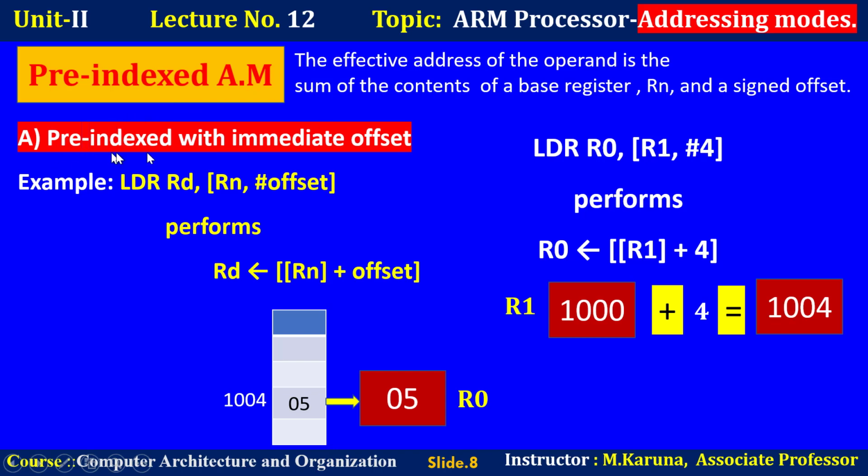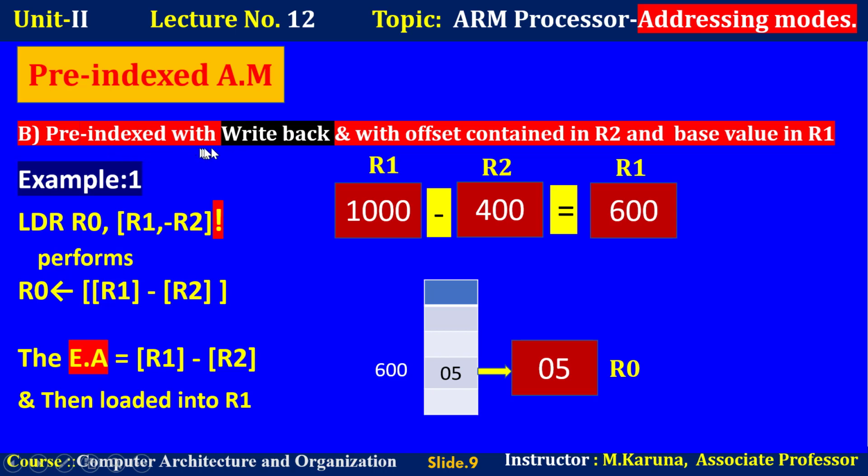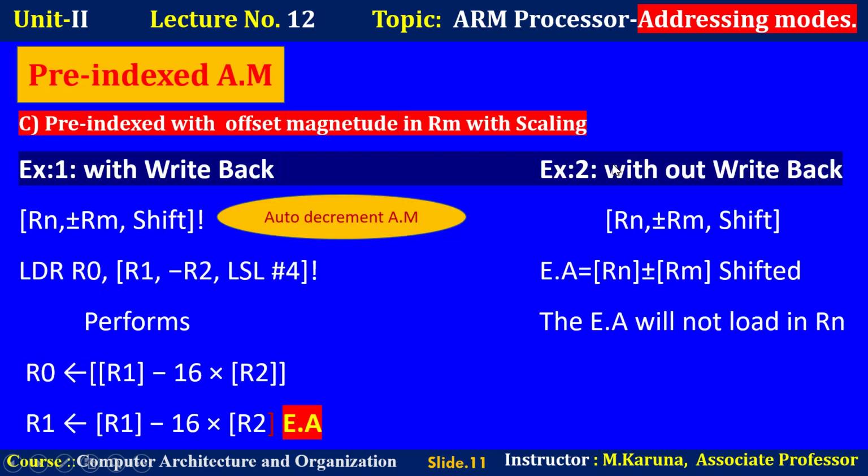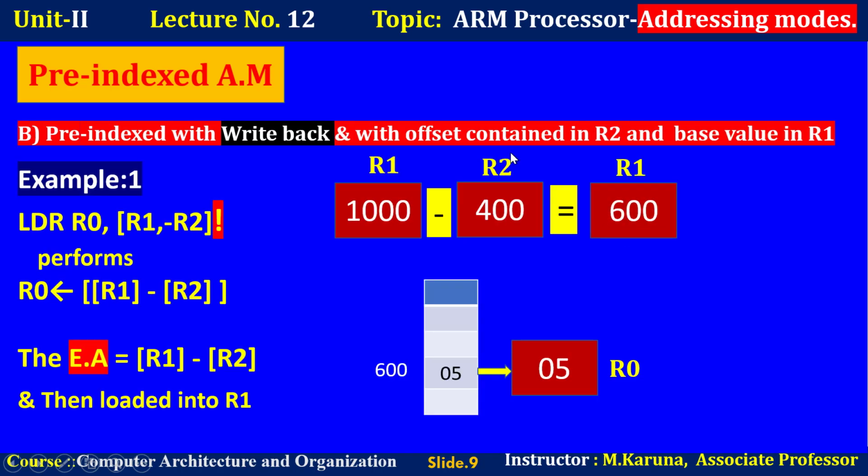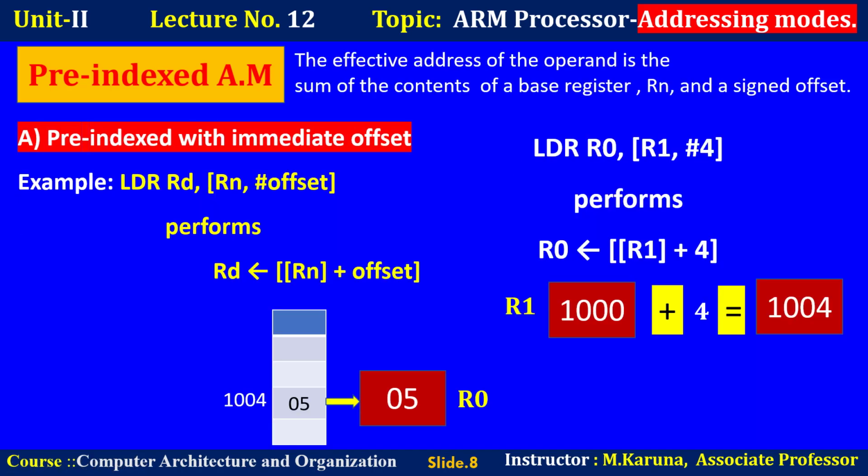First one, pre-indexed with immediate offset. Then pre-indexed with write back and with offset contained in R2 and base value in R1. Next, pre-indexed with offset magnitude in Rm with scaling. Likewise, different ways are there to access the data in case of pre-indexed addressing mode.